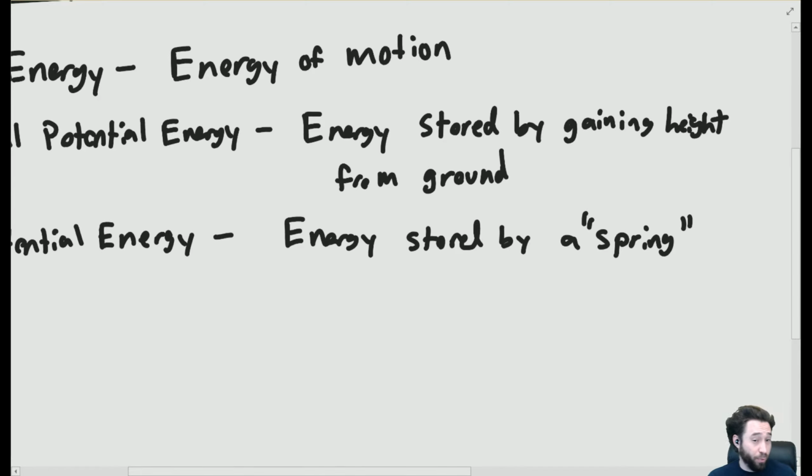Now, I want to put spring in quotes because it's not necessarily always going to be a spring. But in the examples that I'm going to be using, we're going to be using springs.